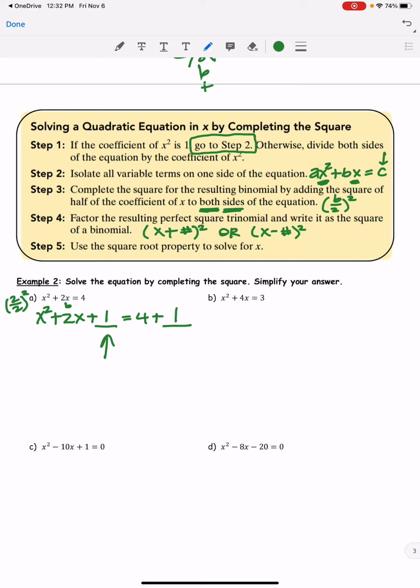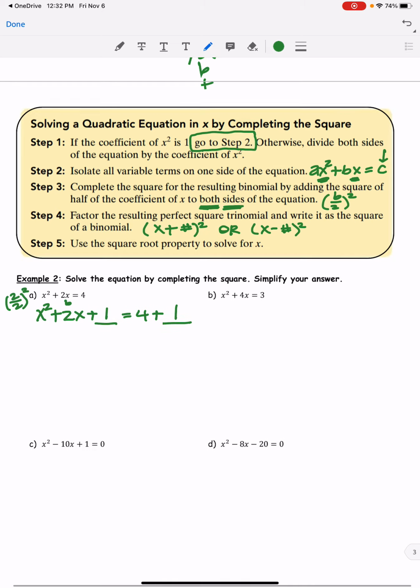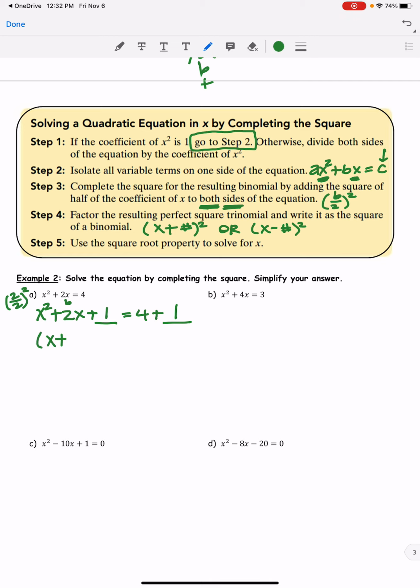What multiplies to 1 and adds up to 2? That's 1. Whatever this inside portion is, that's what's going to end up going in here. So you've got x plus 1 quantity squared equals what? 1 plus 4 gives me 5.